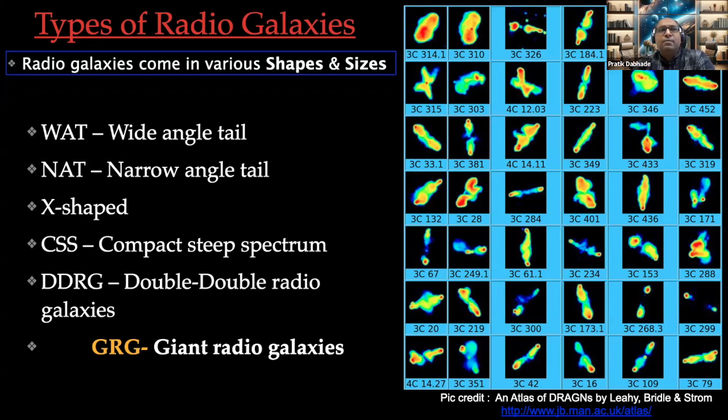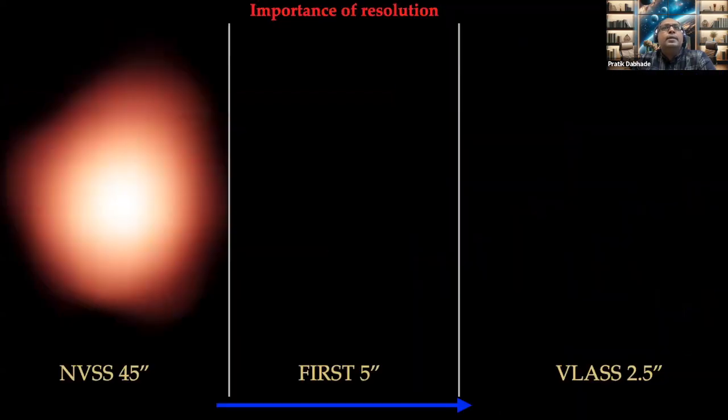And the restarted ones are called DDRGs. I'll talk about it in the later half of my talk. But the main topic for the seminar are the giant radio galaxies, which are the larger, megaparsec-scale versions of normal-sized radio galaxies.